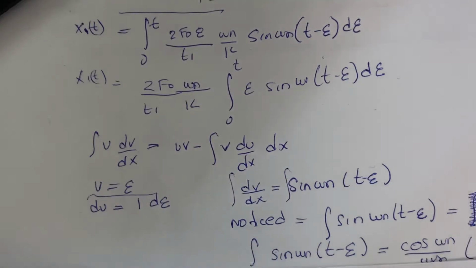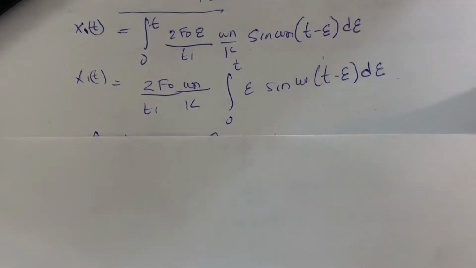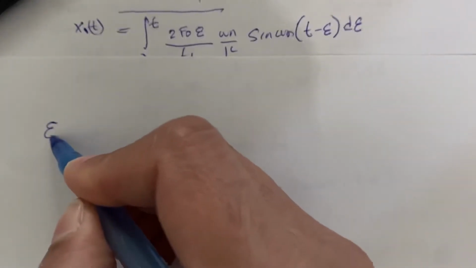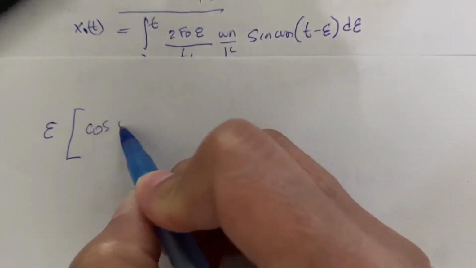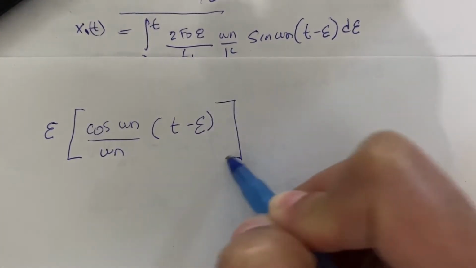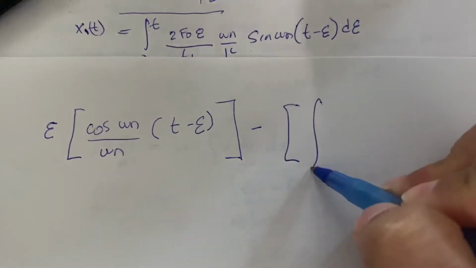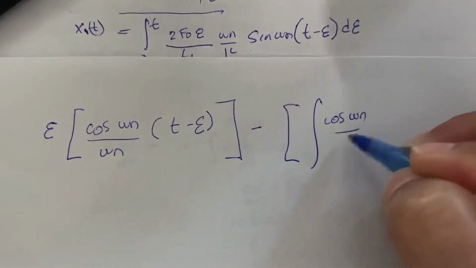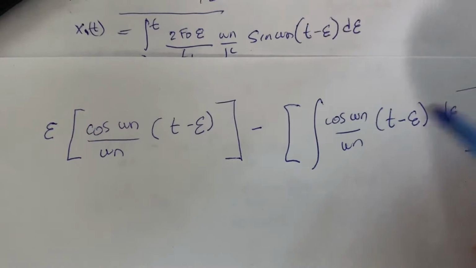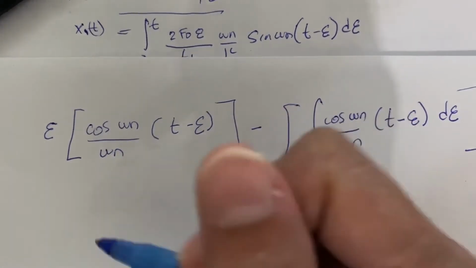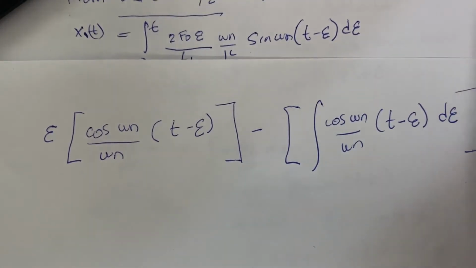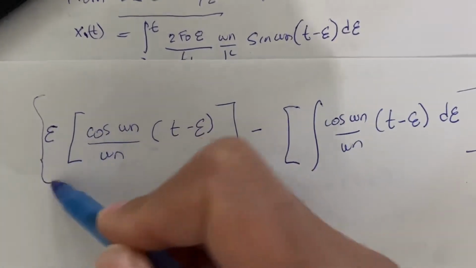We substitute these values in the original equation, and we get epsilon multiplied by cosine omega n (t minus epsilon) over omega n, minus the integral of cosine omega n (t minus epsilon) over omega n d epsilon, which is the integration by parts equation to solve the integral, and all of this evaluated from 0 to t is going to give us the answer to the problem.